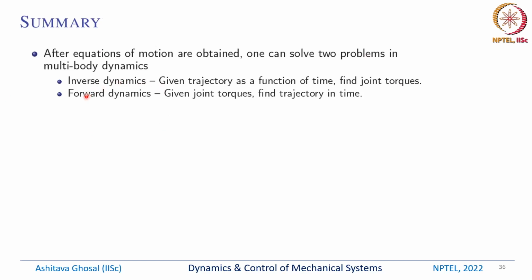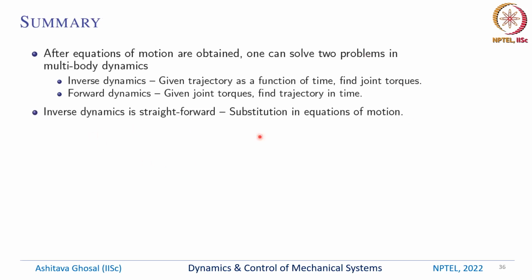And the next one is forward dynamics, which is given the joint torques, find the trajectory in time. I have shown you this for the thin disk and even the 4-bar mechanism and the planar 2R. If I give some torques which are acting at the joint, what does the mechanism do? How does it move?